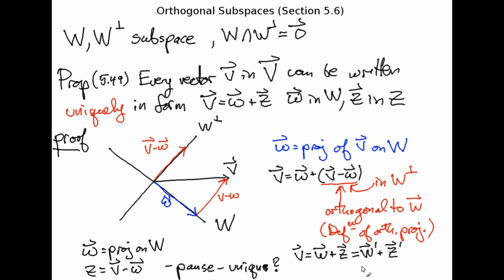Then the only way you can do that is if W is equal to W prime and Z is equal to Z prime. So why don't you pause the video and see if you can see why that's true. And when you are either convinced that you know or give up, come back.